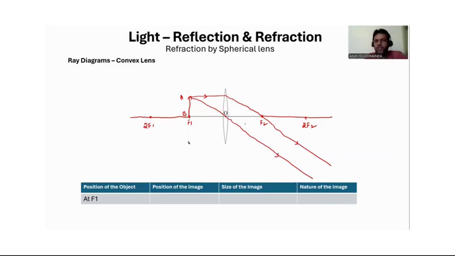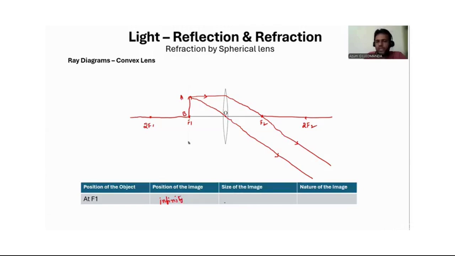So what we can observe here is that if the object is at the focus F1, then the image will form at infinity. It is like a very big image; we may not be able to see it. So the position of the image is at infinity, right? They are not meeting each other.